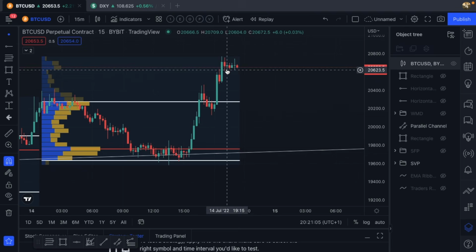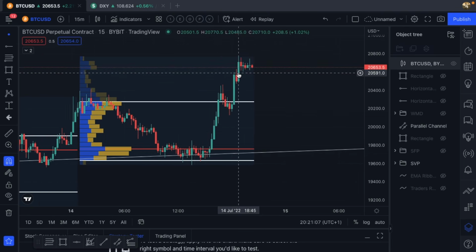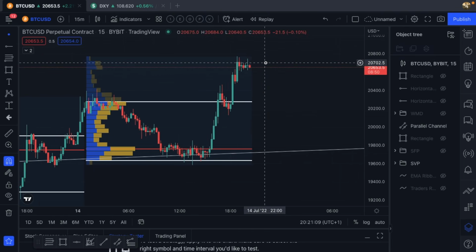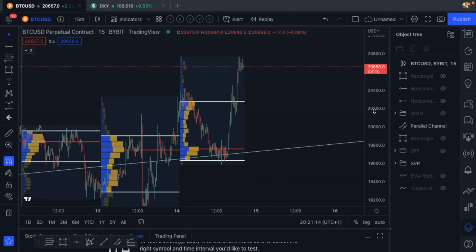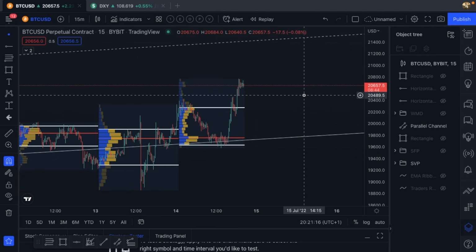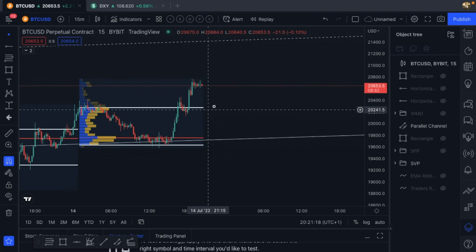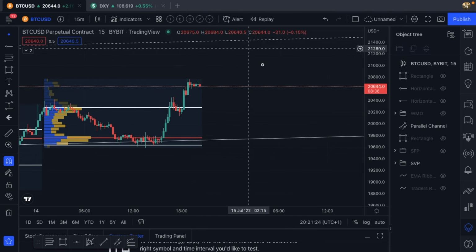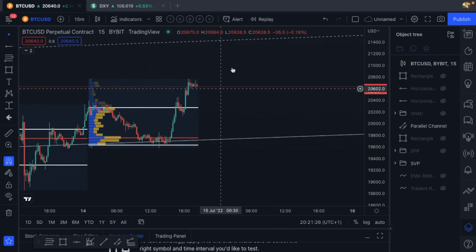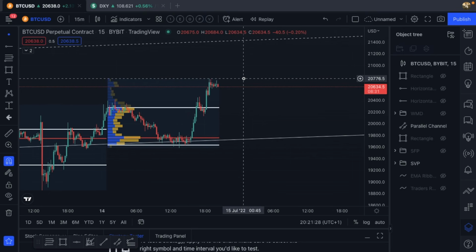Already closed it out, and now I'm looking not to short this because honestly we've just come off the bottom of the channel. I would imagine that we go a little bit higher. We're definitely going to retrace though to pick up some more longs and get some more liquidity to move back up. I would imagine it could go straight up, but who knows?